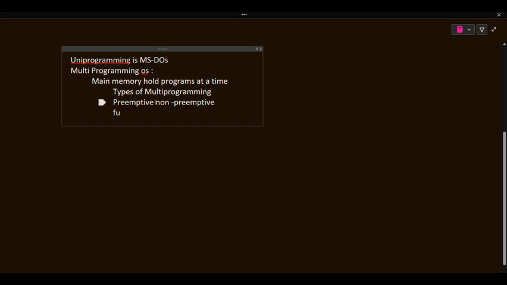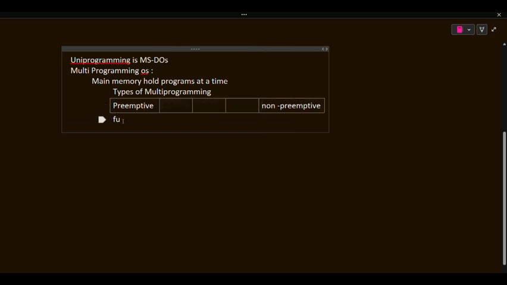As I told you, preemptive is also called as time sharing operating system.